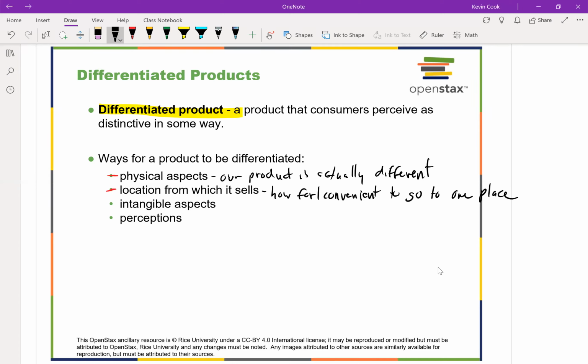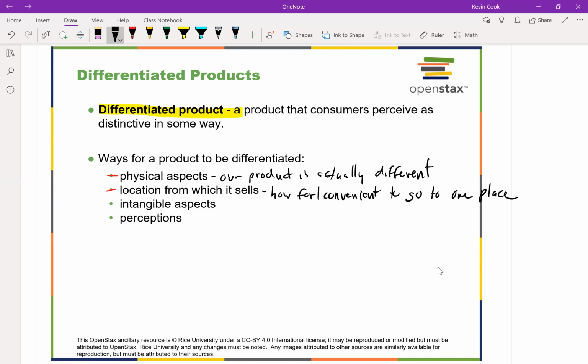Some sort of chain that's in Boone. What this location looks at is why would I go to the Boone Subway and not the Ames Subway? Or if I'm going to get Subway for lunch today, why would I go to Boone and not Las Vegas, the Subway, right? Because they're selling the exact same product and so on.